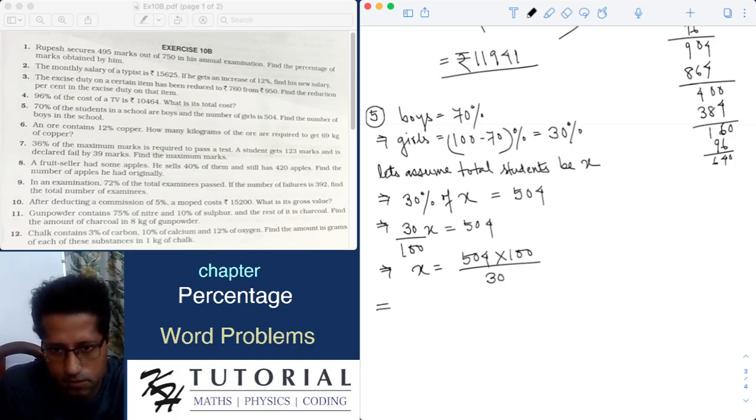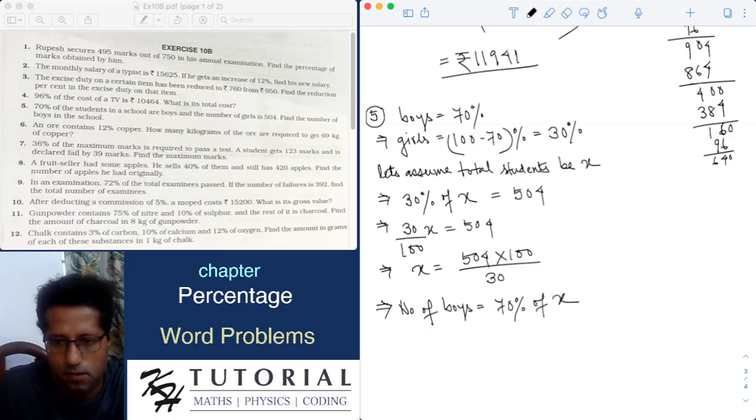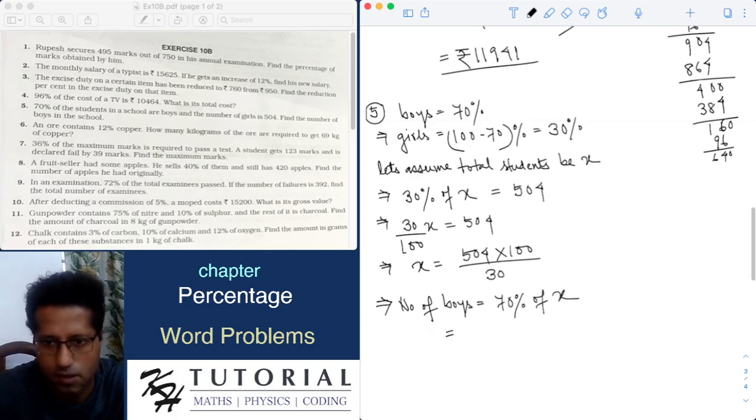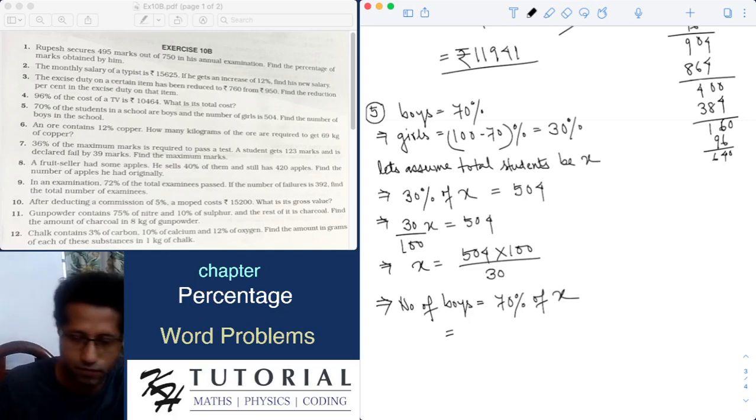Now, what will be the number of boys in the school? The number of boys should be equal to 70% of X, because X is the total number of students, boys and girls, and boys is given to be 70%.